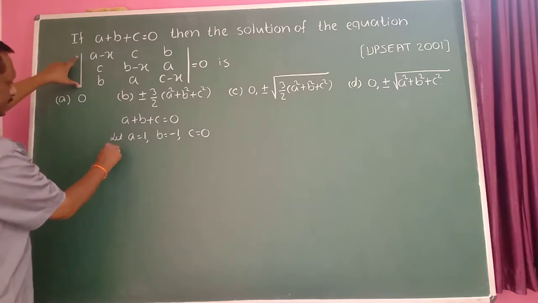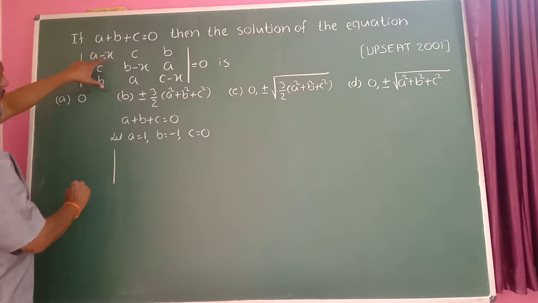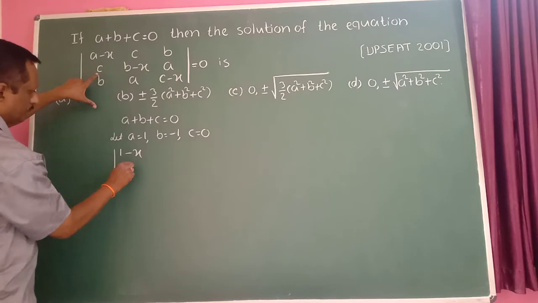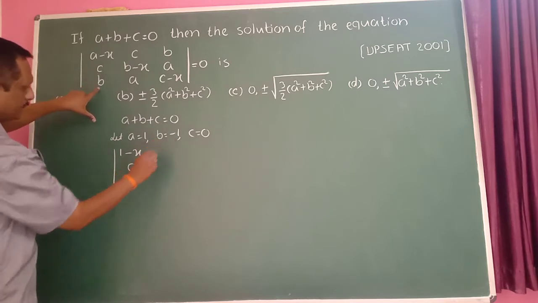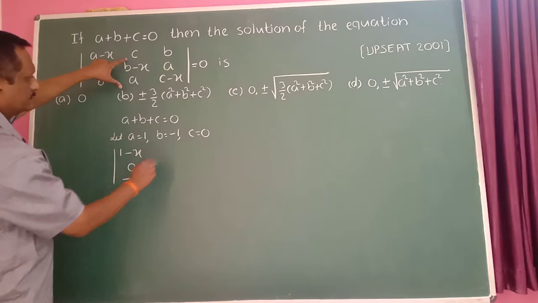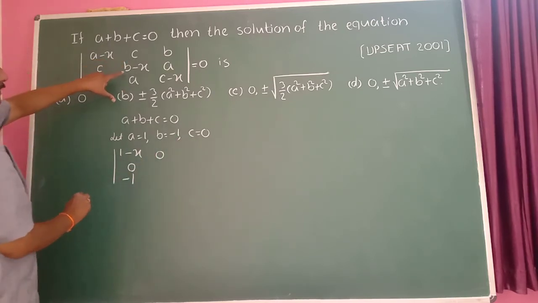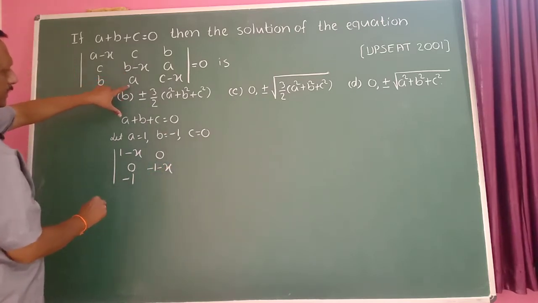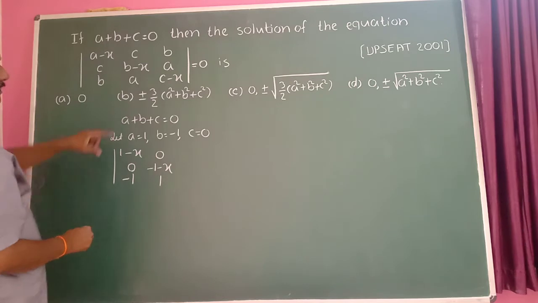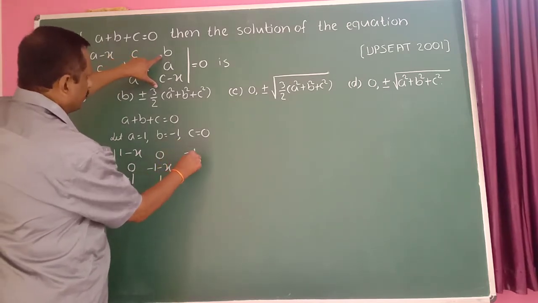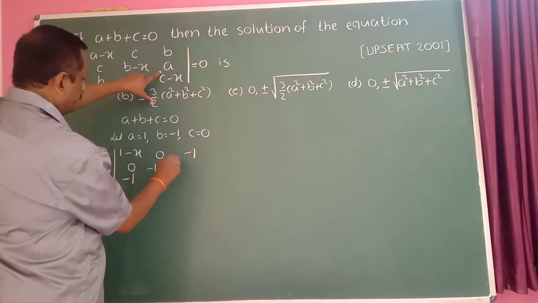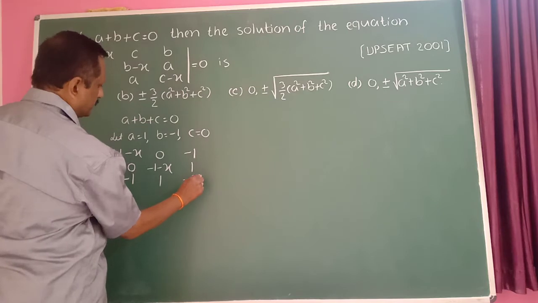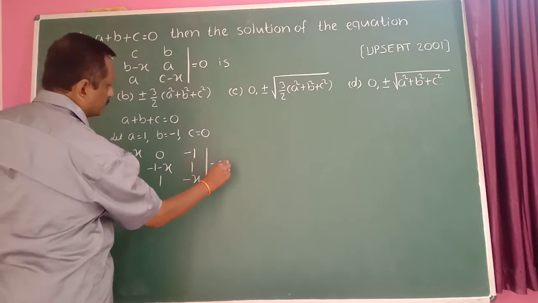Therefore this determinant becomes 1 minus x, then c value is 0 and b is minus 1, minus 1 minus x and a value is 1, then b is minus 1, a is plus 1, c is 0, 0 minus x is minus x, therefore this is equal to 0.